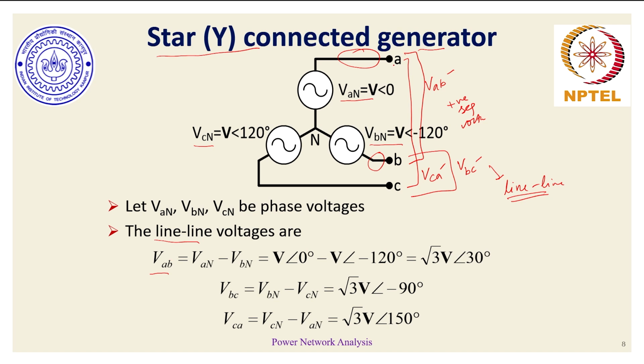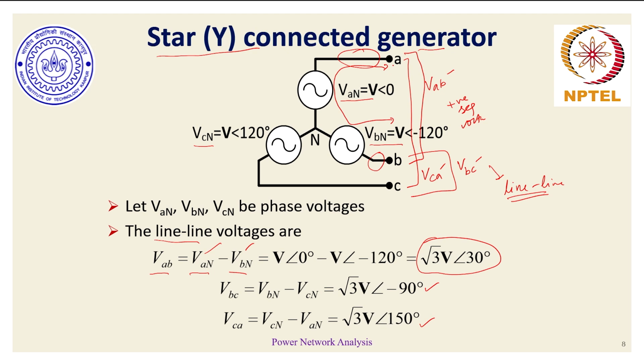So if I start from node A, traverse all the way from here to here and reach node B, then I would have VAB as the difference of the phase voltage of phase A minus the phase voltage of phase B, wherein if I substitute the known values of VAN and VBN, I would get an expression of VAB of this form. Similarly, I can also find the corresponding line-to-line voltages across BC and CA.